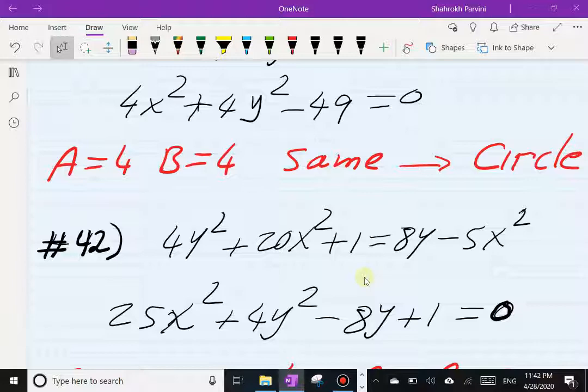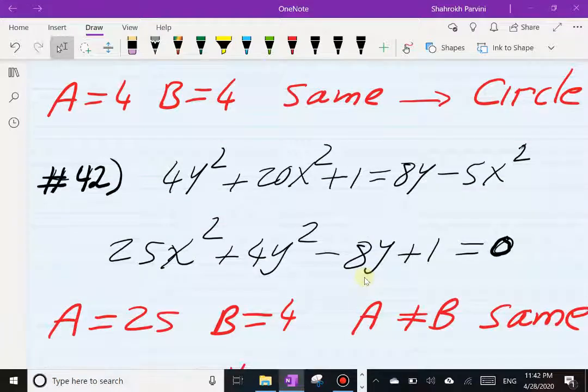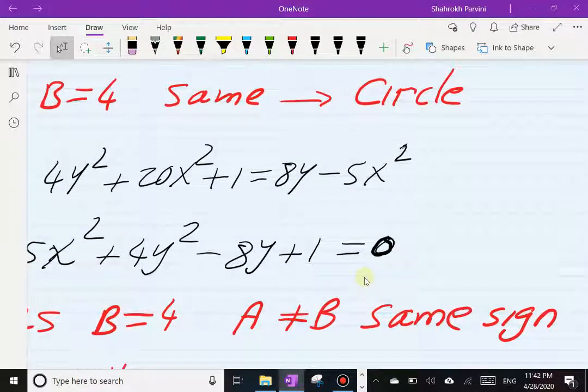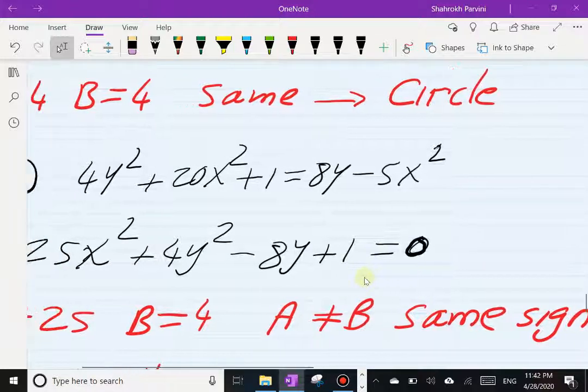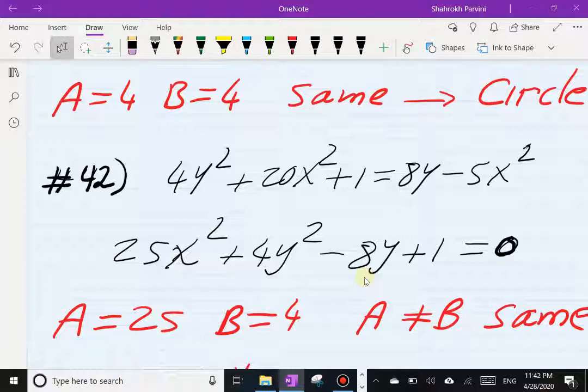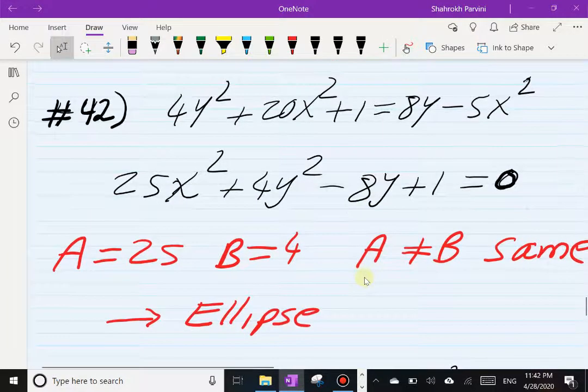So a is 25, b is 4. They are not equal, but they have the same sign, don't they? Means they're both positive. So as long as these two numbers are different and have the same sign, this conic section is going to be an ellipse.